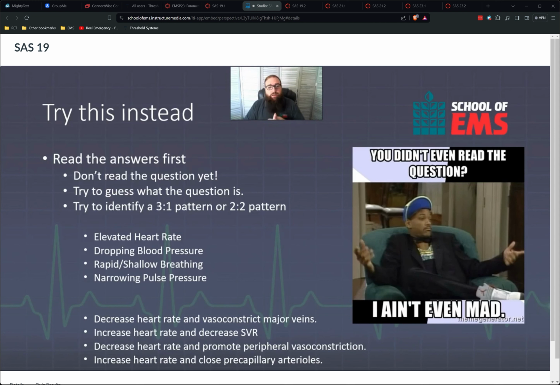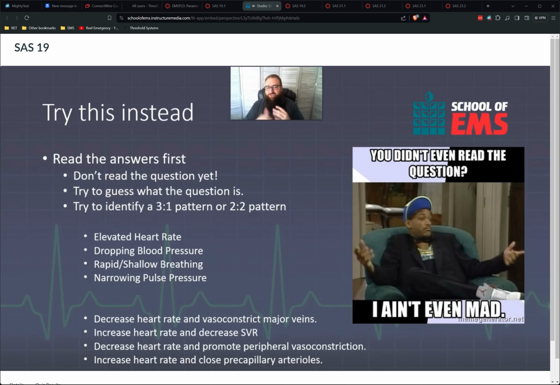Definitely the exams. But you have two things in each answer. And remember, only one has to be wrong for it to be wrong. So you have decreasing the heart rate and vasoconstricting major veins, increasing the heart rate and decreasing systemic vascular resistance, decreasing the heart rate and promoting peripheral vasoconstriction, increasing the heart rate and closing precapillary arterioles.